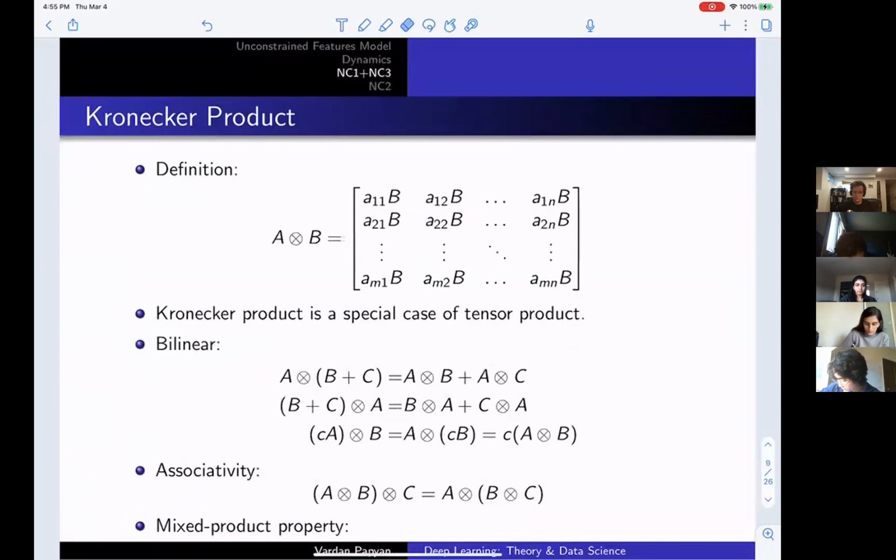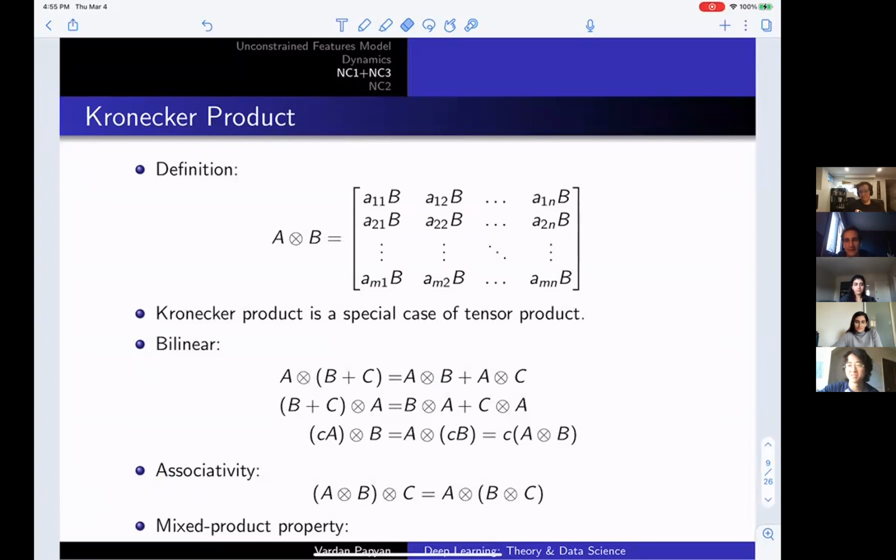In the proof of this theorem, it's easier to prove it using properties of Kronecker products. So here is a short reminder of Kronecker products. Aren't you all Kronecker professionals because of the homework? I think there were some Kronecker products in the problem set.